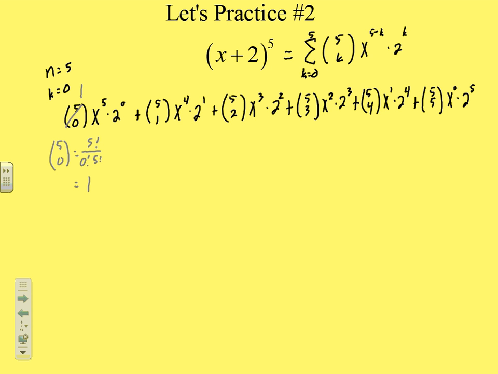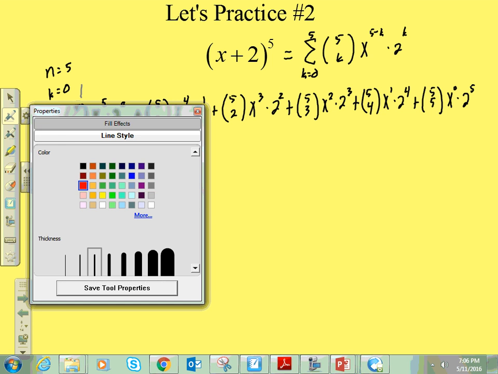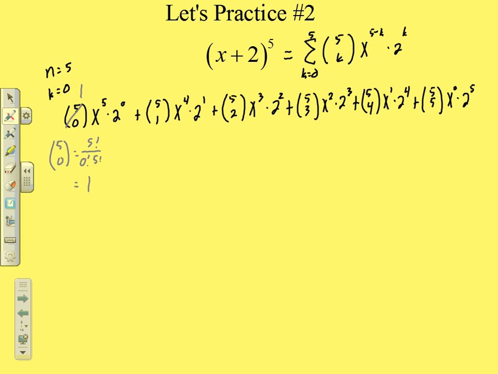So I'll put a 1 here. And let's pick a different color just to keep things going. The next combination gives me 5 choose 1, which gives me 5 factorial over 1 factorial times 4 factorial. Well, 5 times 4 factorial over 1 times 4 factorial. That just says that's 5.